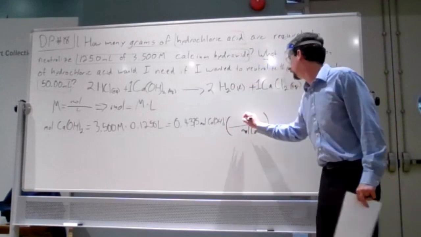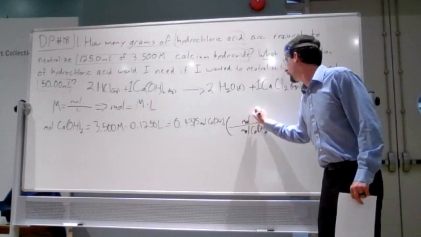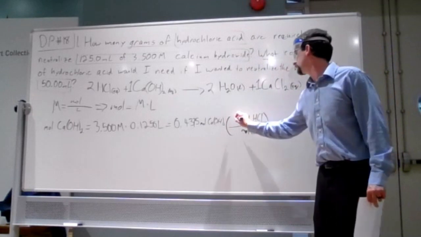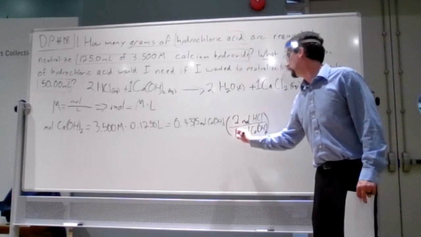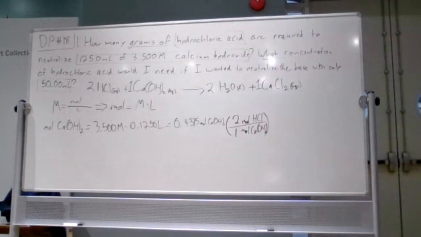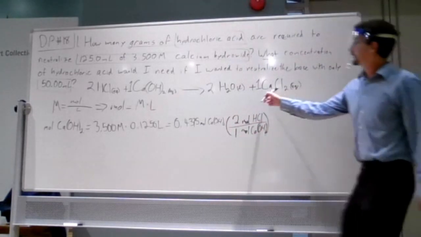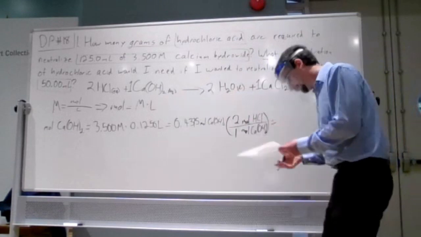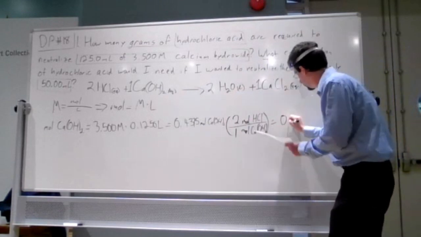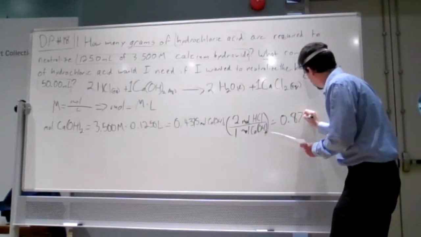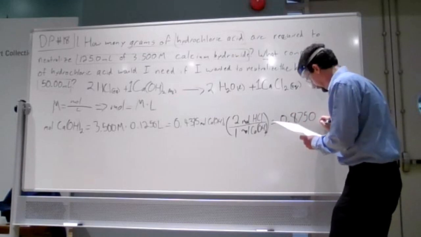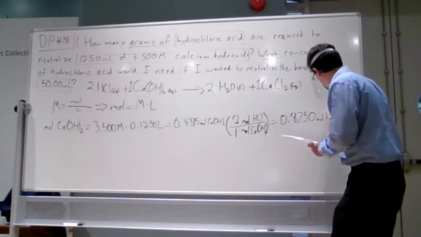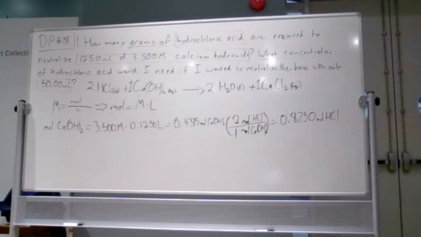Up top? Yeah. Numbers. Bottom? Where'd you get that from? Yeah, that's the balanced chemical equation. You multiply that through, the result I get is 0.8750 moles of HCl. Okay, what now?